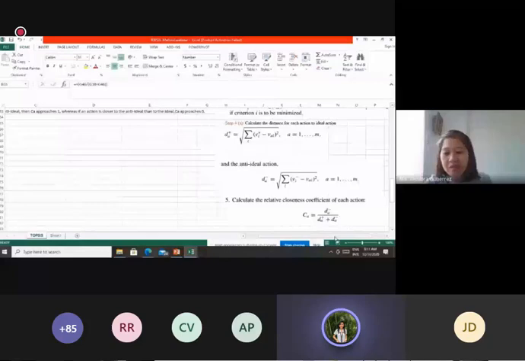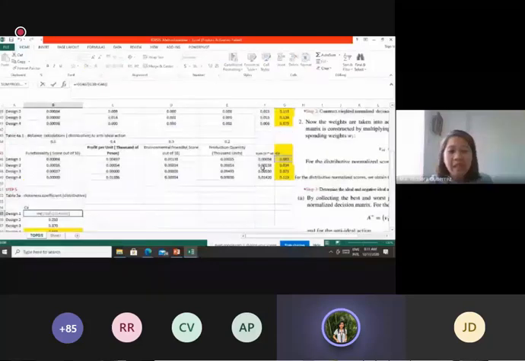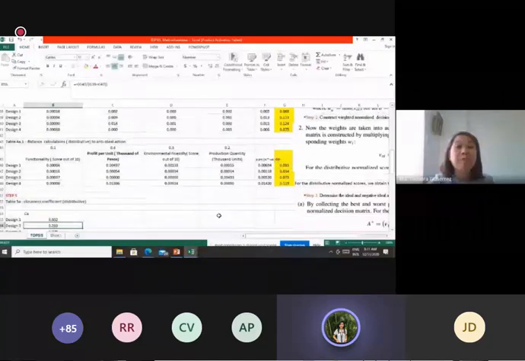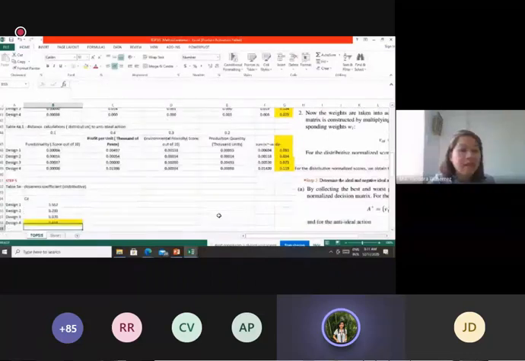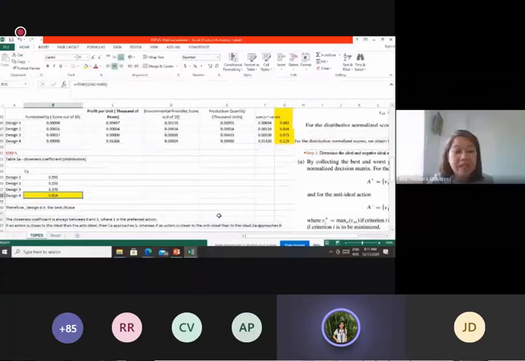So you will see here, given our step 5, dA minus, which is 0.083, over dA plus 0.068 plus dA minus 0.083 based on the formula, and you've got 0.552 as the closeness coefficient for design 1, and then we apply it to the remaining designs, and we've got the highest closeness coefficient, which is design 4.